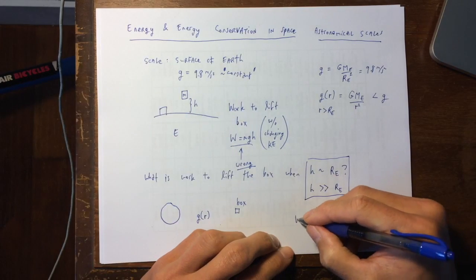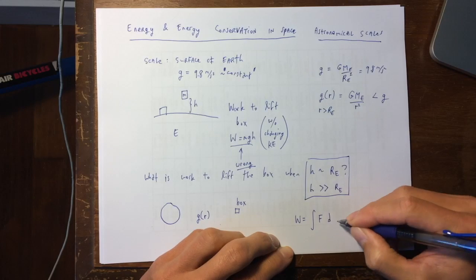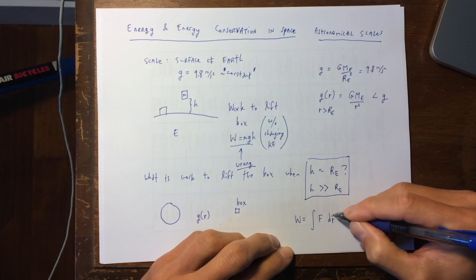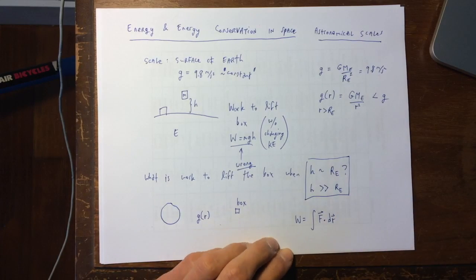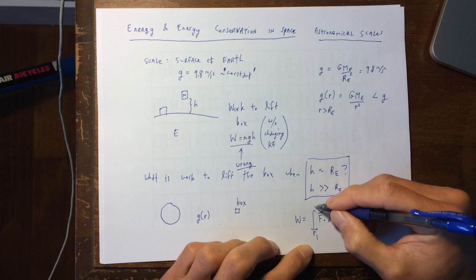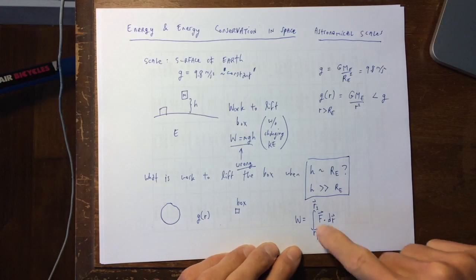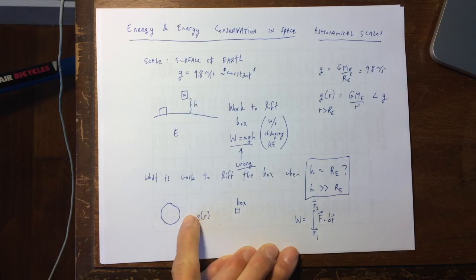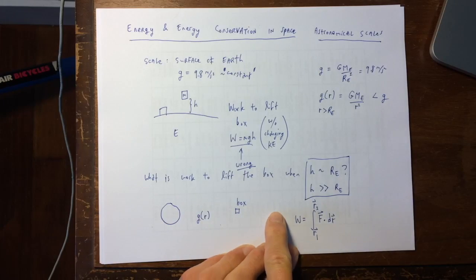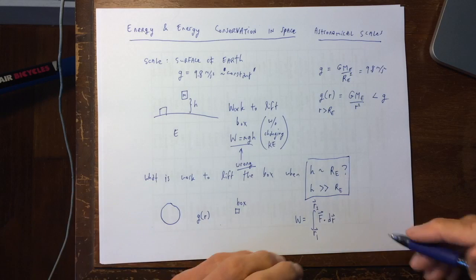So we have to go back and think about this formula instead. We might start at a first place and finish at a second place, and this will be the work done to move the box from an R1 out to an R2. That's what I'd like to get to.